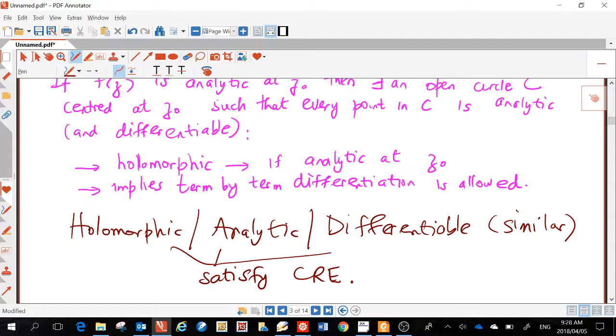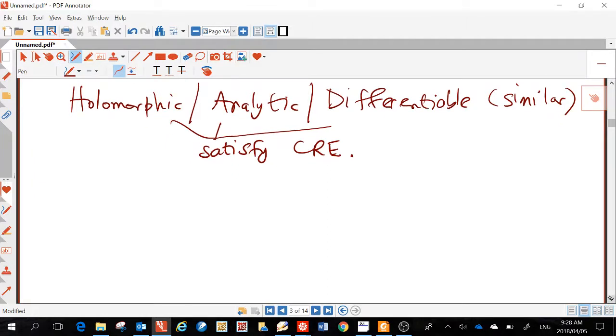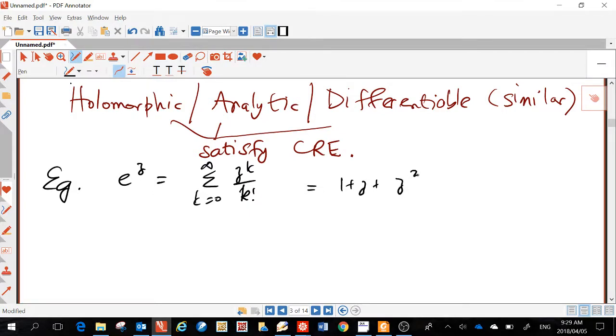So I just want to give one or two examples of this term-by-term differentiation. Let's take an example of e to the z. We know it's sigma z to the k over k factorial, k equals 0 to infinity. If you want to expand it, it'll be 1 plus z plus z squared over 2 factorial plus and so on.